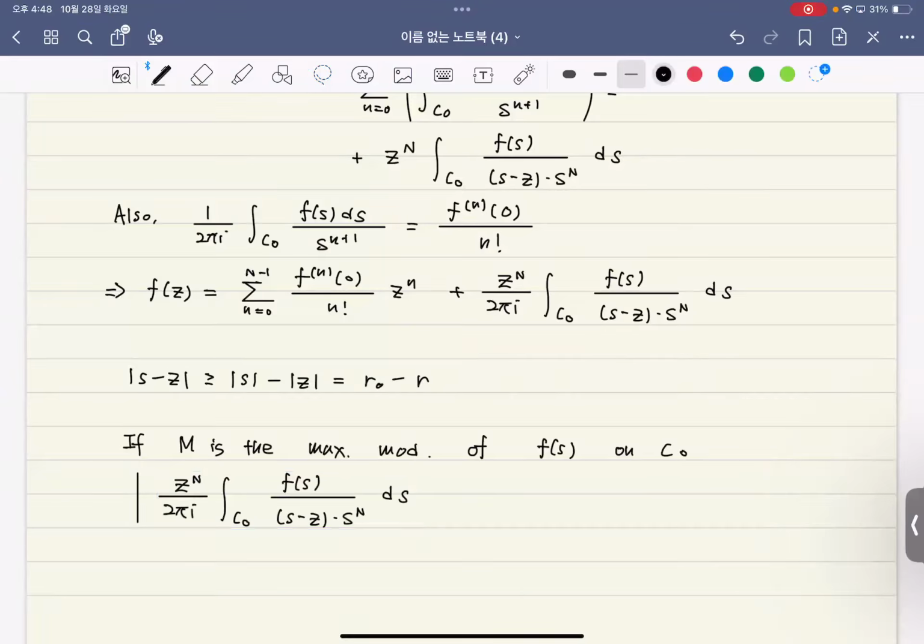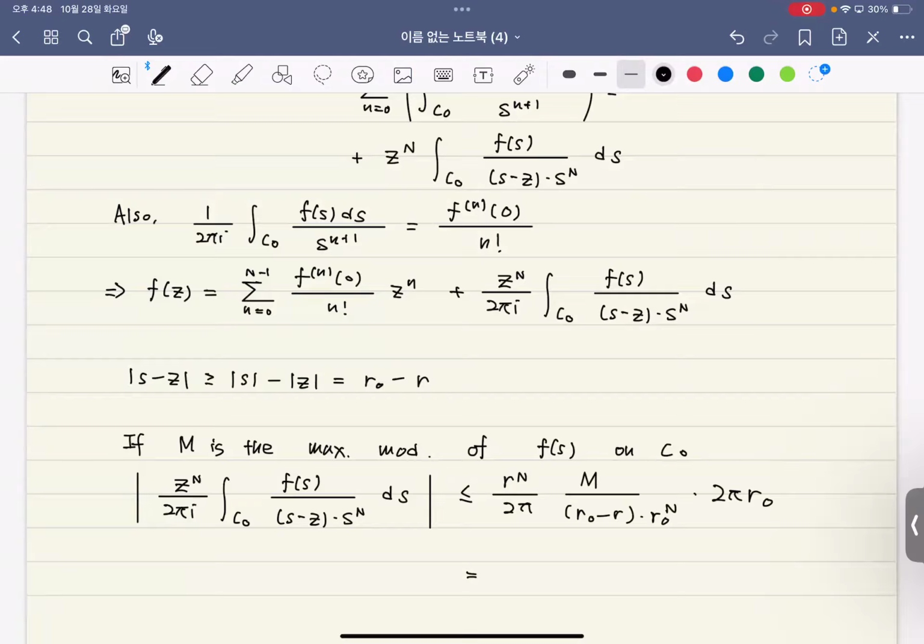Here I'm using the ML inequality. The modulus of z is R, so R^n over 2 pi times M times 1 over (R0 minus R) times R0^n, times the length of the curve, which is 2 pi R0.